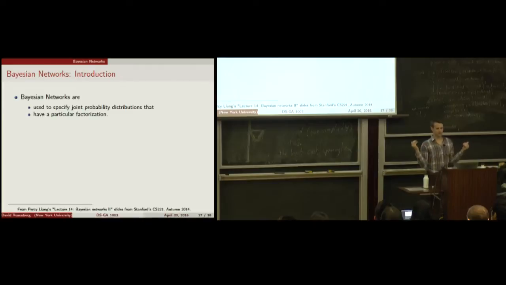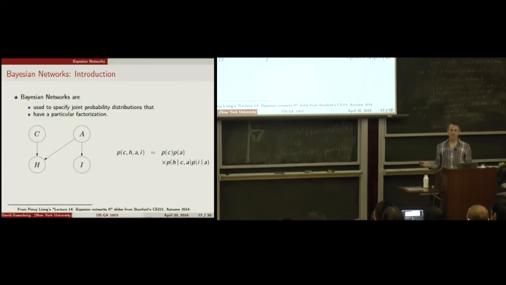And as we saw, factorization corresponds generally to independence or conditional independence relations. Here's an example of a Bayesian network. We have 4 random variables. Each is drawn as a node in a graph, C, H, A, and I. And then there are these directed edges between the nodes. We'll see that they encode some conditional independence assumptions. But for now, what they tell us is just how our joint distribution factorizes.